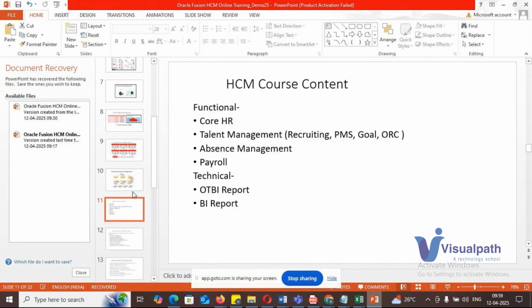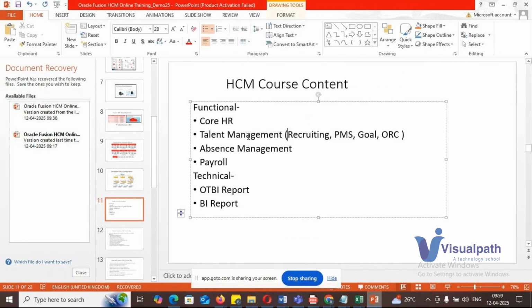All right. Now, what will be the course content? Guys, as I discussed earlier, core HR comes first. This module is very important in human capital management. Without core HR, we cannot do any single module, right? So initially we have to focus on core HR setup configurations.